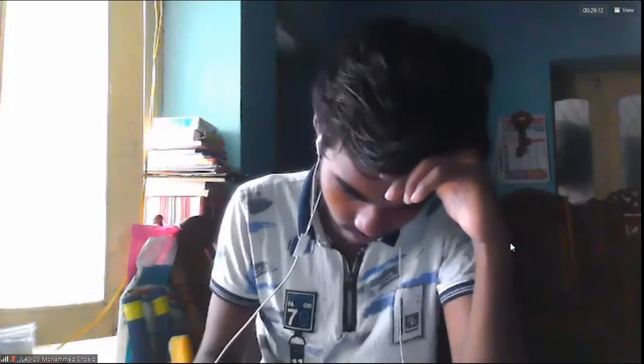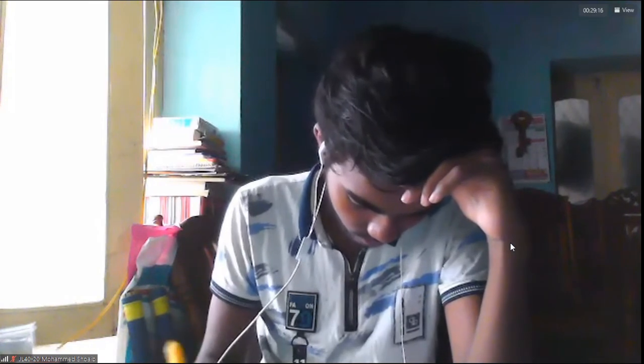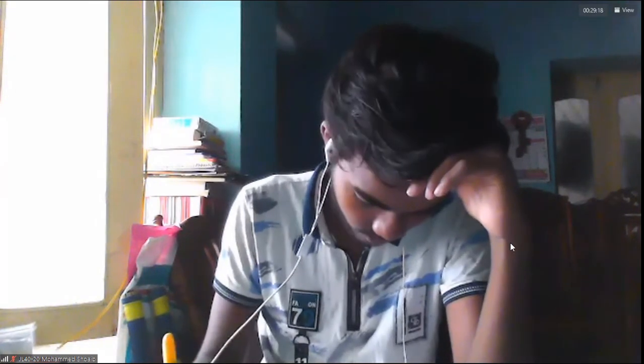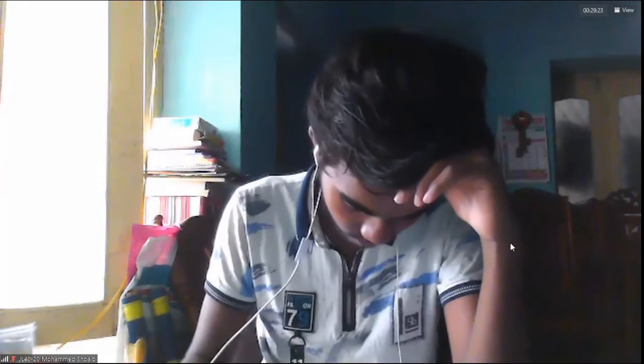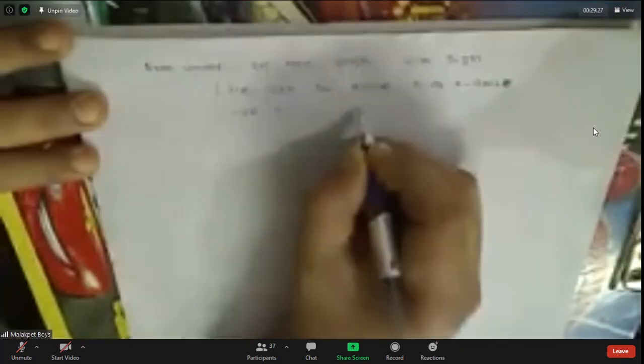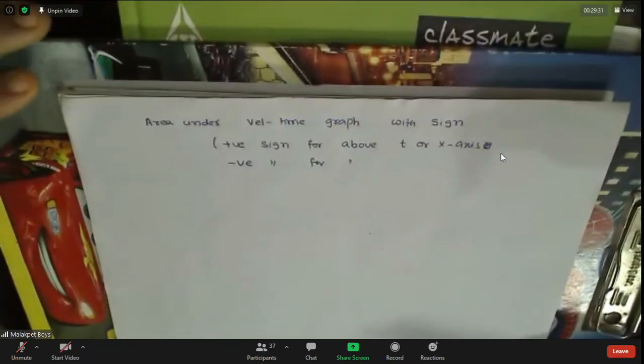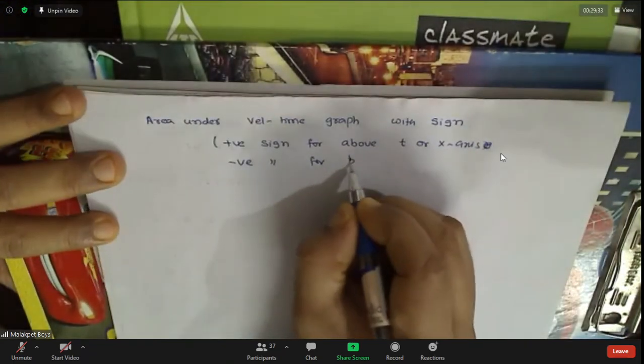Positive sign for the area above the t-axis, and negative sign for the area below.